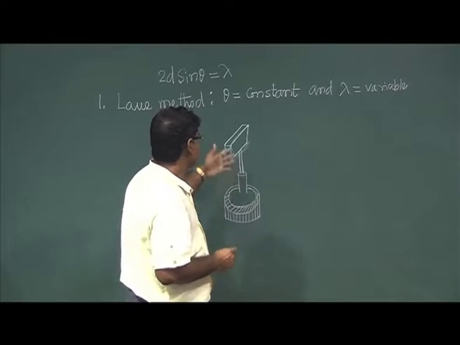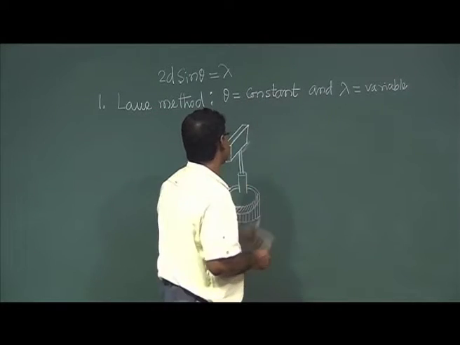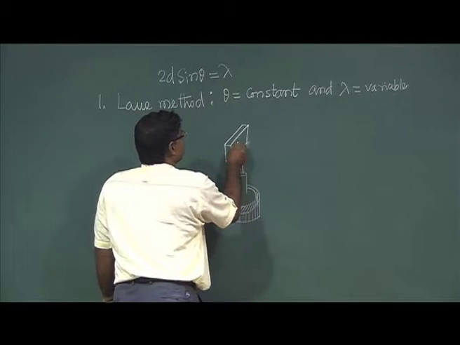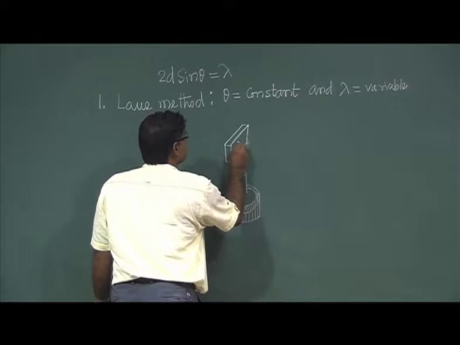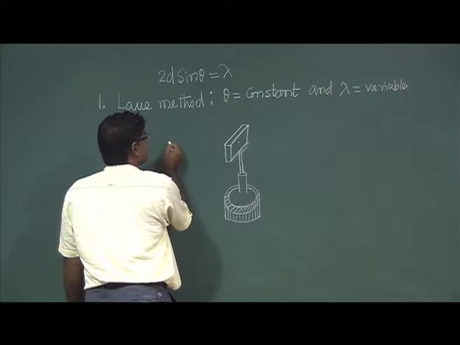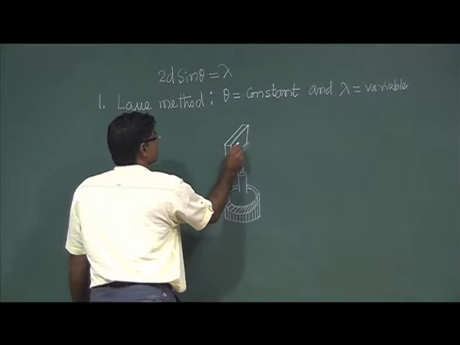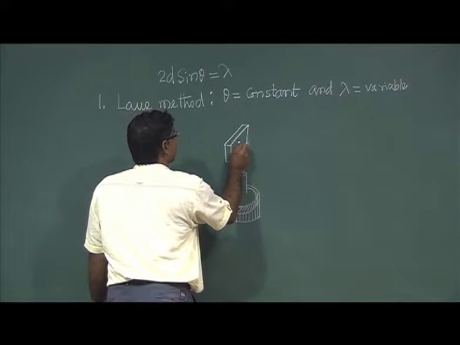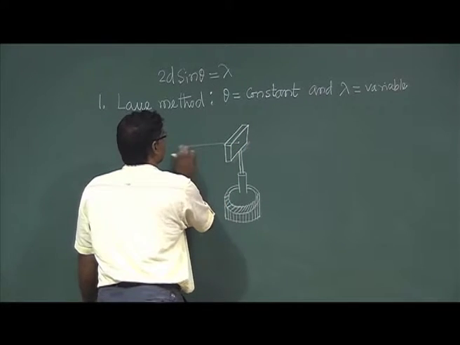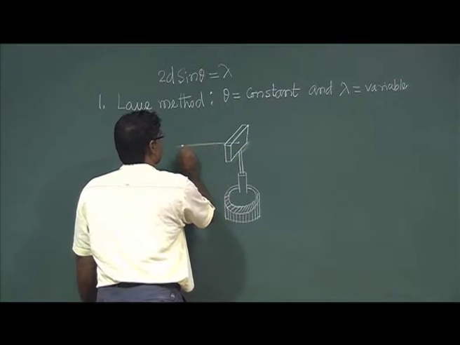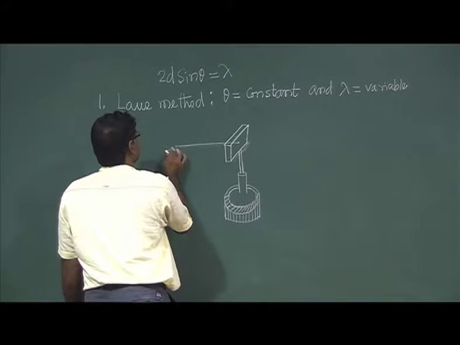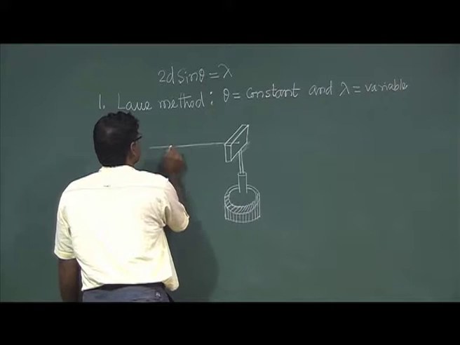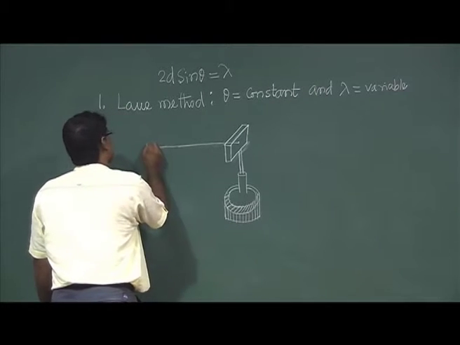Since in this case theta is constant, the incident X-rays are falling here. The X-rays are coming from the X-ray source.